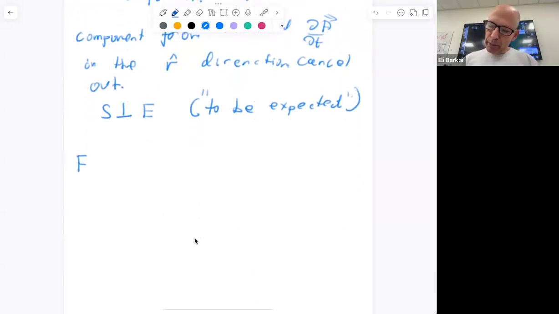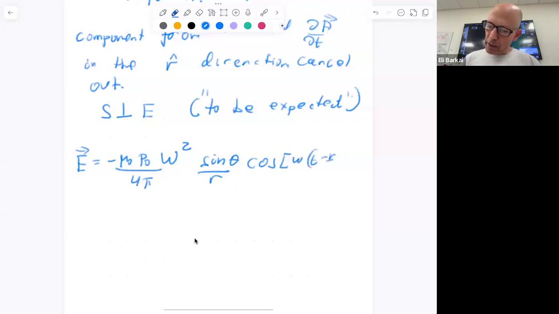Summing up, what I get for E in our problem is minus mu0 p0 omega, again, this square is going to be very important, over 4 pi, sine theta over r, cosine of omega t minus r over c, in the theta direction.